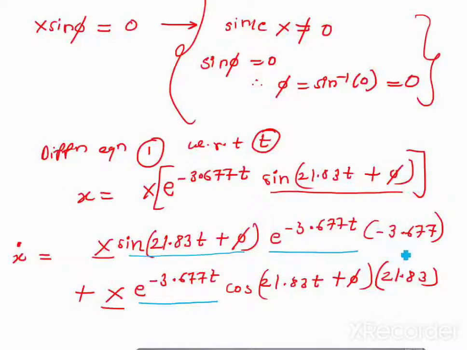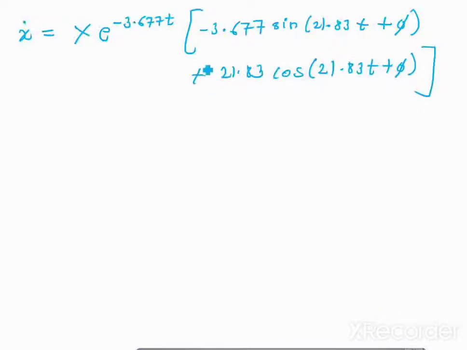In this way I have got the minus 3.677 sine plus 21.83 cos term.